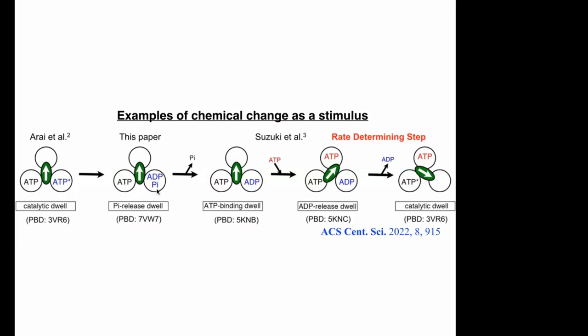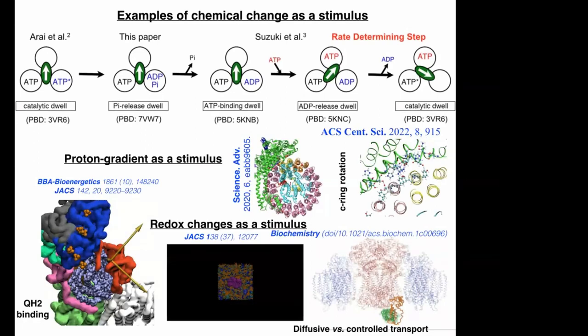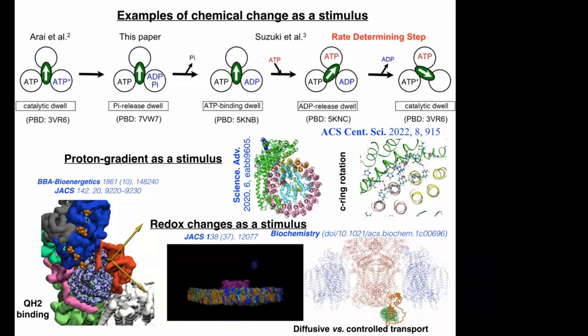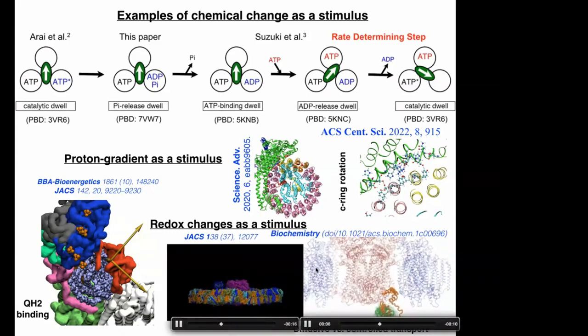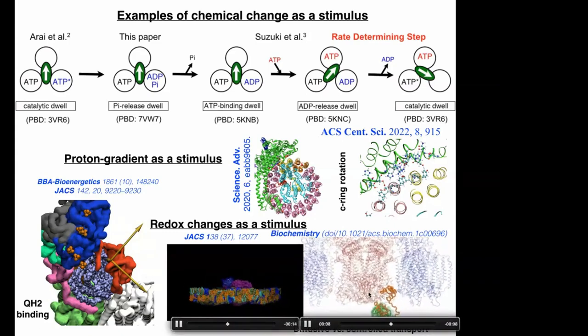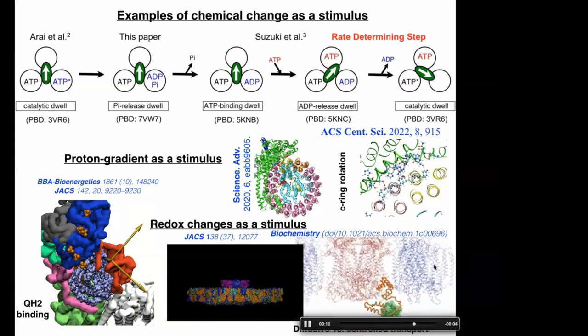Now, this is just one example of a stimulus, and I will not go into the others, but there are so many that with molecular dynamics simulations, we have been able to partially capture. One is using redox changes, where you change the redox state of heme groups and you see how a particular motor moves between two sites.